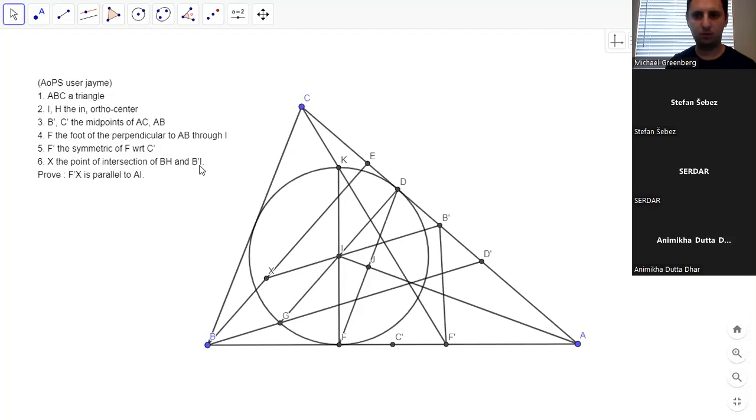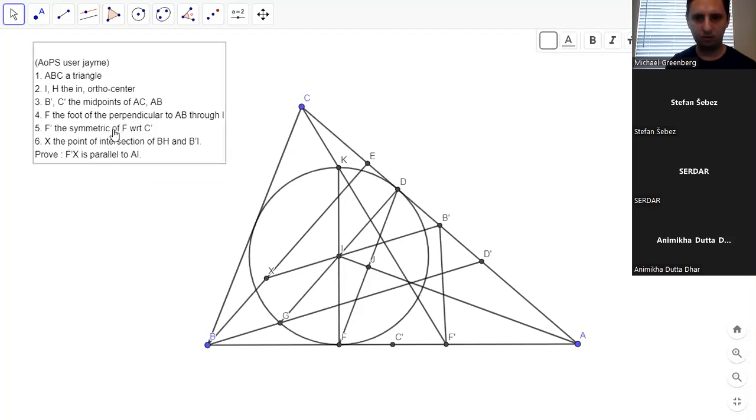BD prime and XB prime are parallel. That is by the IM lemma. Because I is the midpoint of GD and B prime is the midpoint of DD prime.